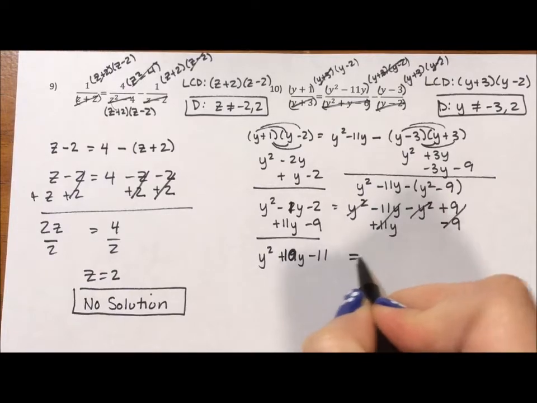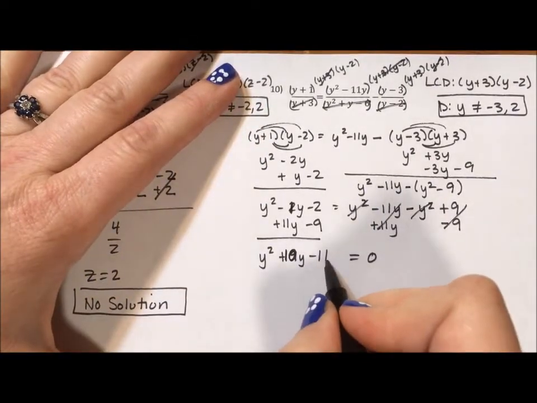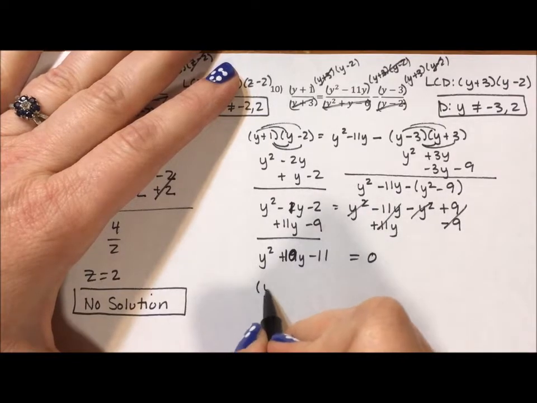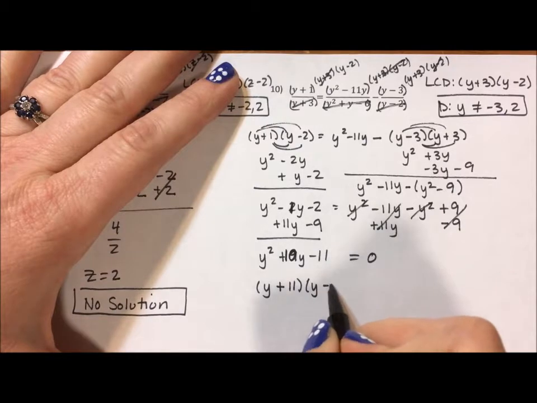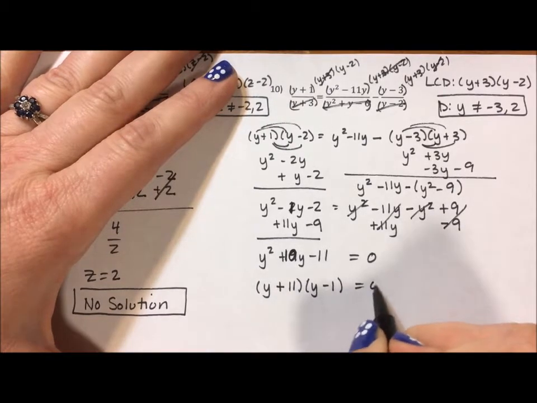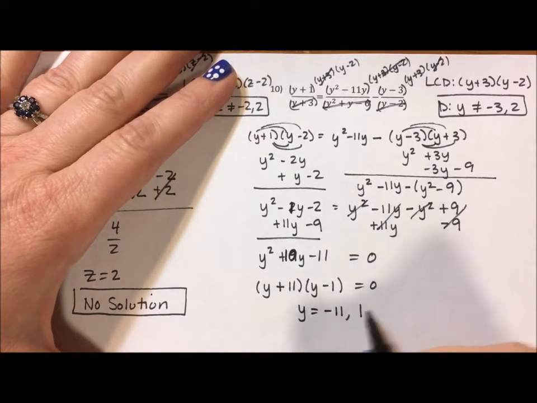Minus 11 equals 0. Okay, so two numbers that multiply to minus 11 and add to 10, that would be y plus 11 to get the positive 10, and the y minus 1 to get the minus 11. So y plus 11 is 0 when y is a negative 11. Y minus 1 is 0 when y is 1.